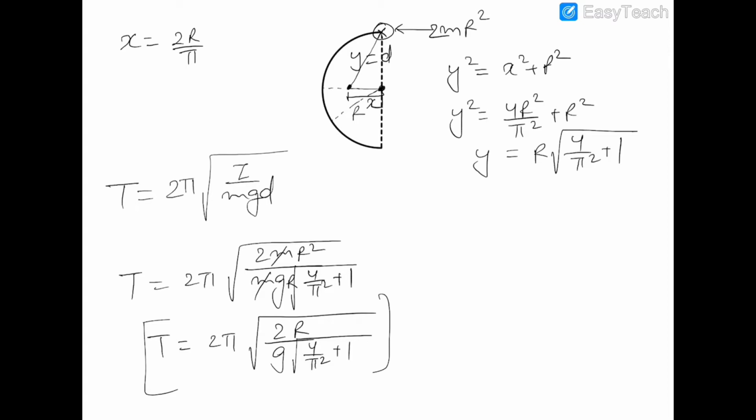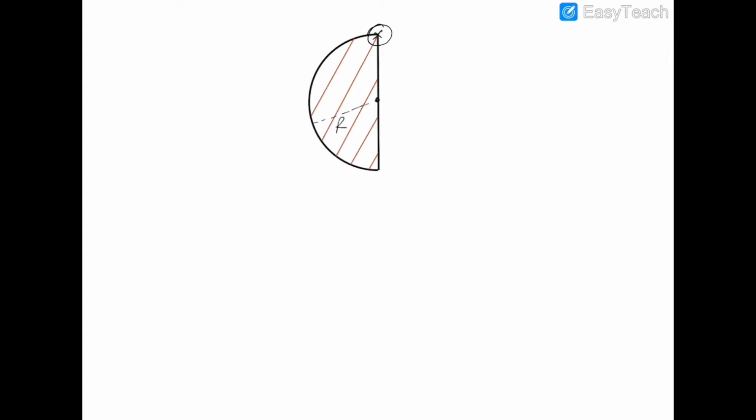Now let's take another example. In this example there is a disc, a semicircular disc, and we know that its center of mass is lying at this point, which is 4r by 3 pi, and d is this distance, this is d, and this is r.